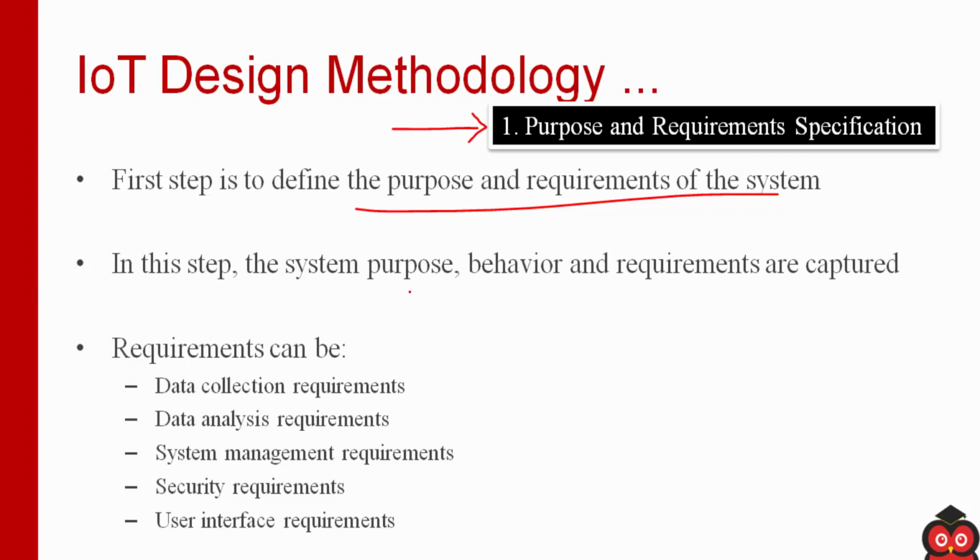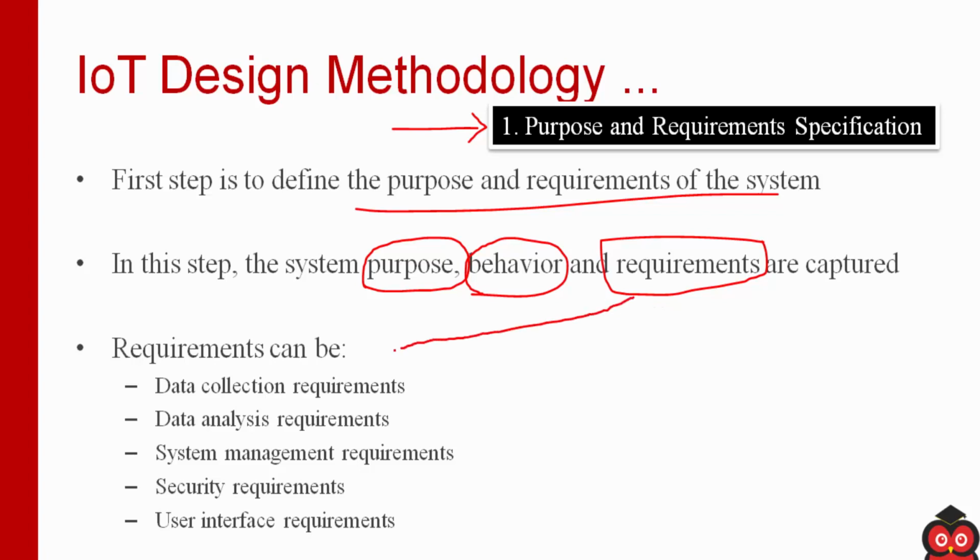From that problem you will define the purpose of the system you are going to develop, the behavior, and the client will also give you some requirements. Based on the requirements you can also include your own requirements.